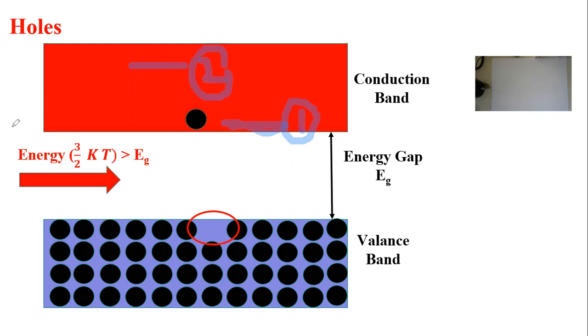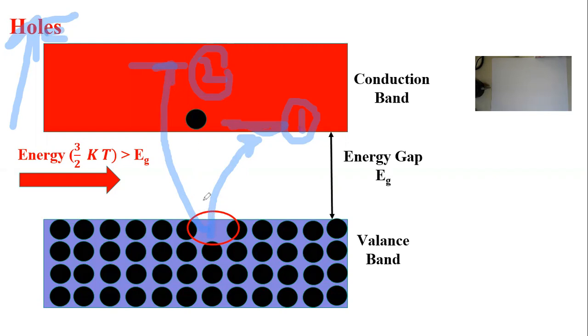Please remember that this y-axis represents energy. In order to have an electron in state number 1, you have to have an energy which can move the electron this distance. But in order to have an electron here in state number 2, you should have an energy that makes the electron jump this distance. So the farther, the more difficult the state.